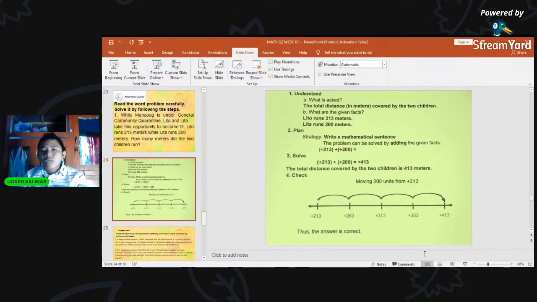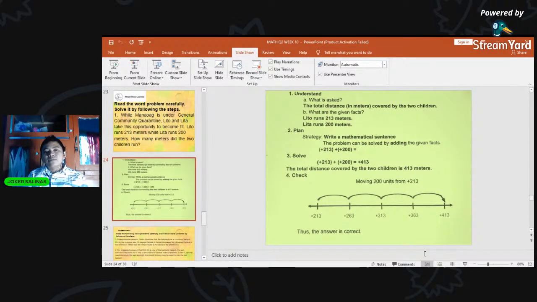The operation that we use is addition because it states there how many meters did the two children run. So we need to combine the distance they have covered.